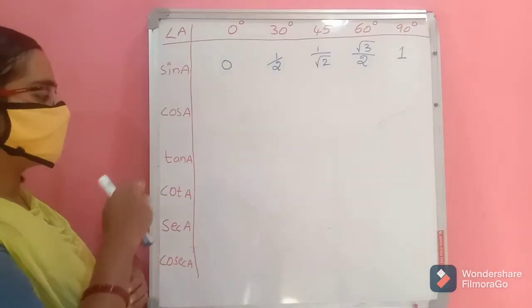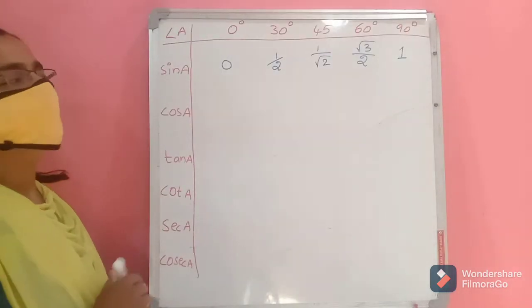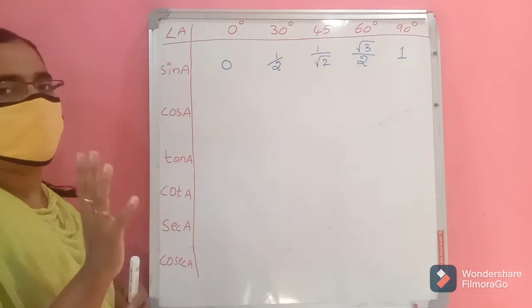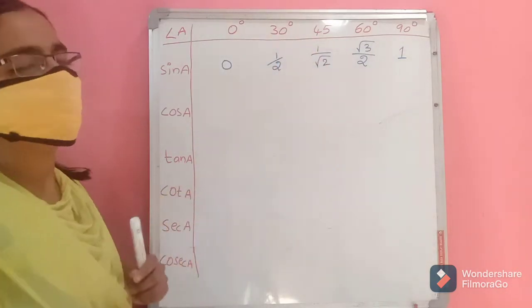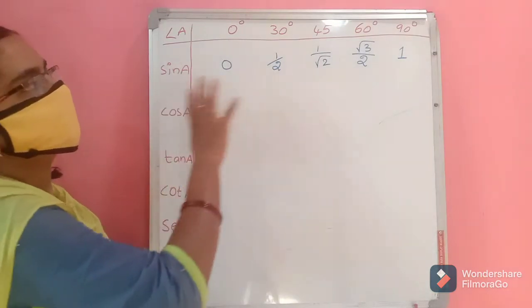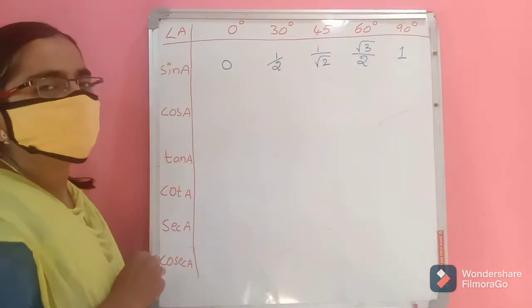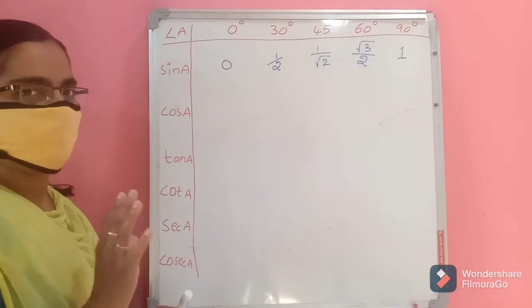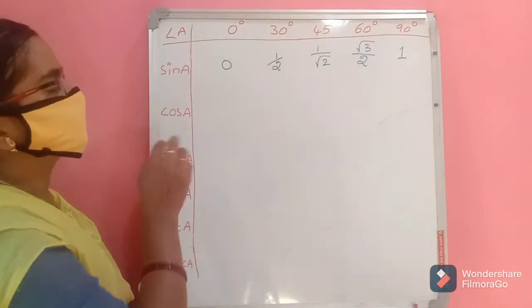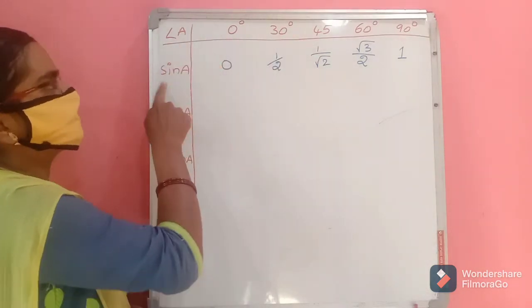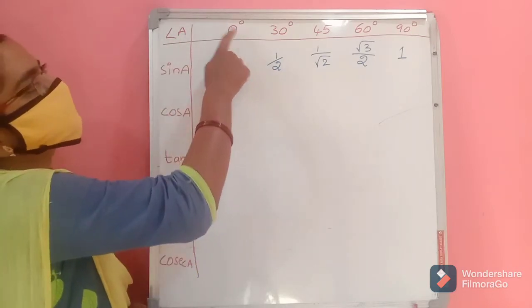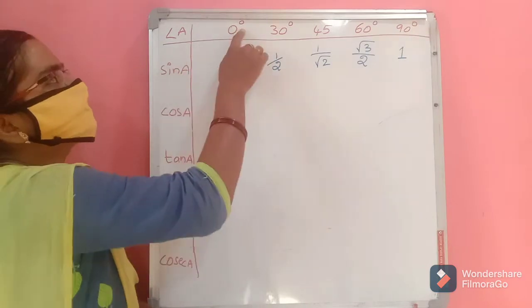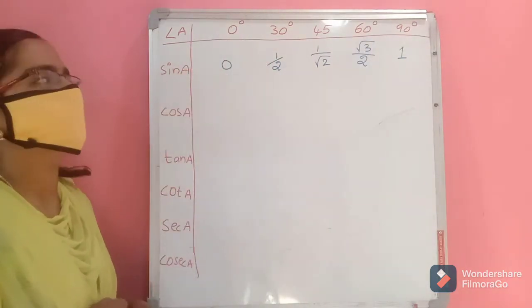For sin, cos, tan, cot, sec, cosec, we have some angle values: 0 degrees, 30 degrees, 45 degrees, 60 degrees and 90 degrees. These 5 angles' values we have to learn by heart. For angle A, sin A: if the angle is 0, sin 0 is 0.